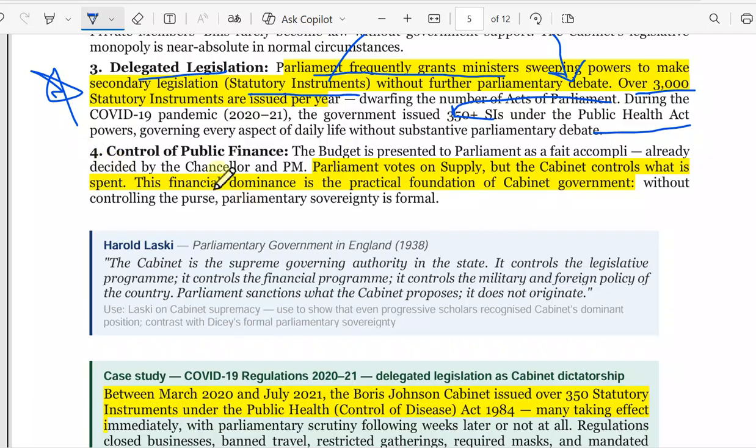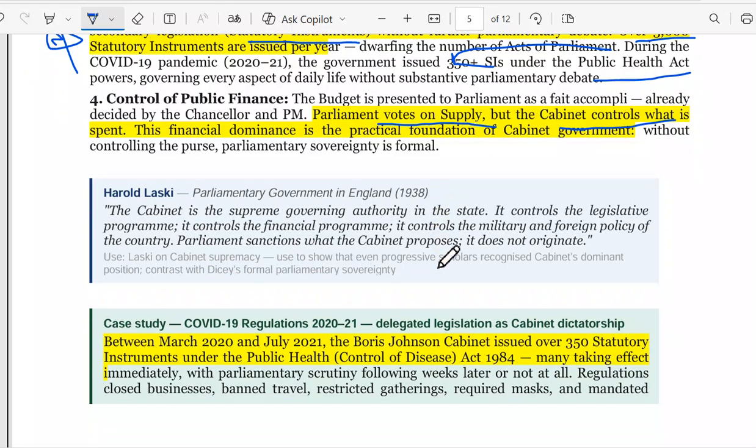Next, the cabinet decides what the budget has to be, and parliament just votes on it, and actually it is the cabinet who controls and decides. You must mention Harold Laski. He says that the cabinet is the supreme governing body.